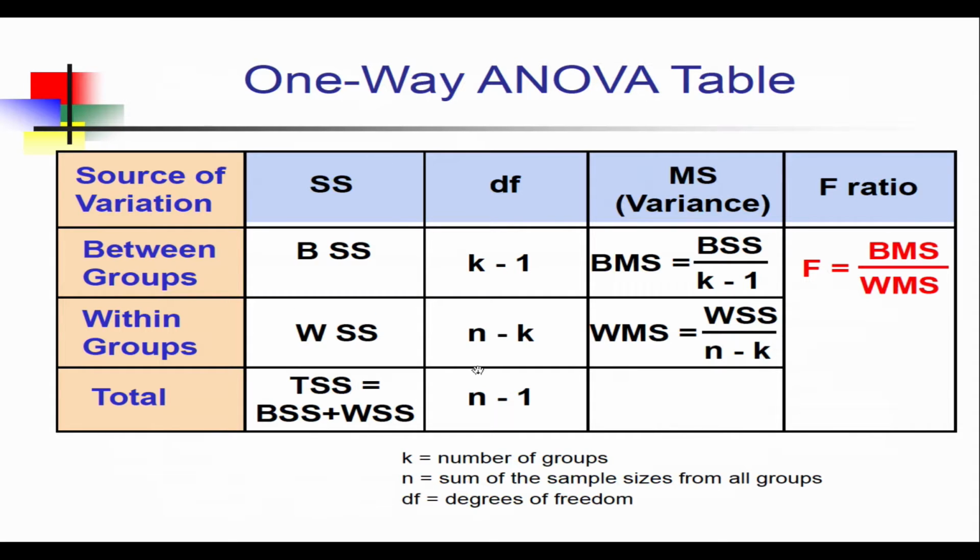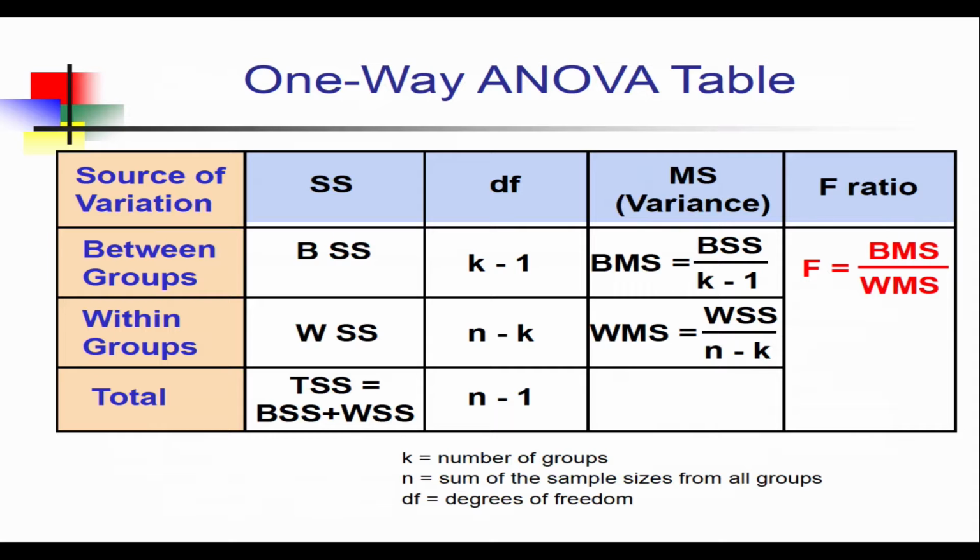If you have those two columns, then you can calculate the mean sum of square, just using the sum of square divided by its degree of freedom. BSS divided by k minus 1 is the between mean square, and the within sum of square divided by n minus k is the within mean square. We compare those two mean squares. The last column is the F statistic, the F ratio.